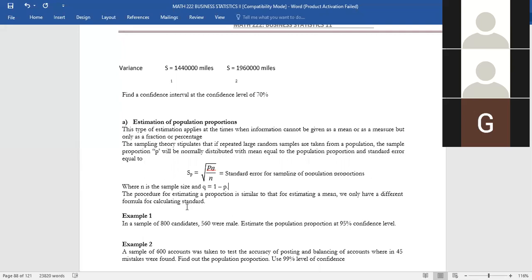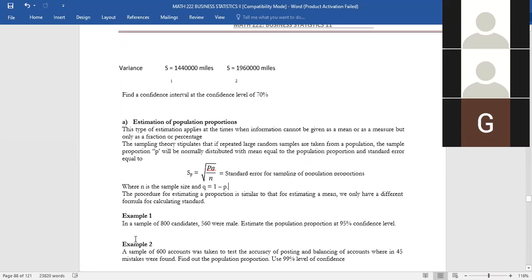So you're looking for the sample proportion P. So what is our P? Our P is 560 over 800, isn't it? What do you get as the proportion of male candidates? 560 over 800, what do you get? 0.7.